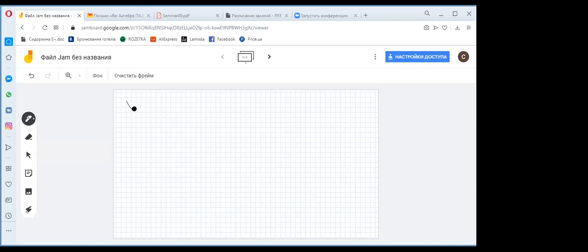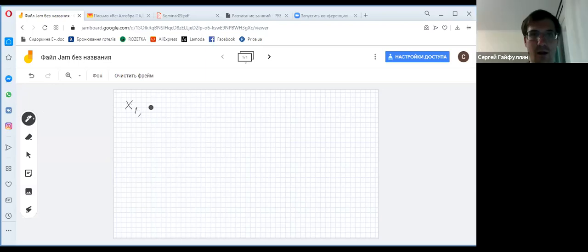If I have n variables, x1, x2, and so on, xn, then I want to fix an ordering on these variables. For example, the standard ordering is that x1 is bigger than x2, is bigger than x3, and so on, is bigger than xn.